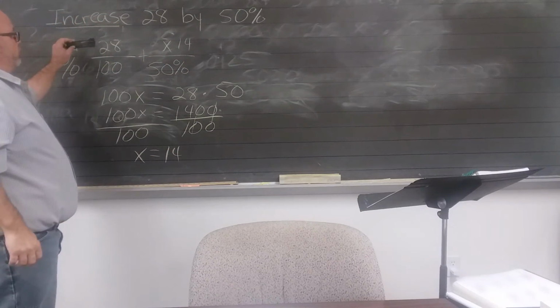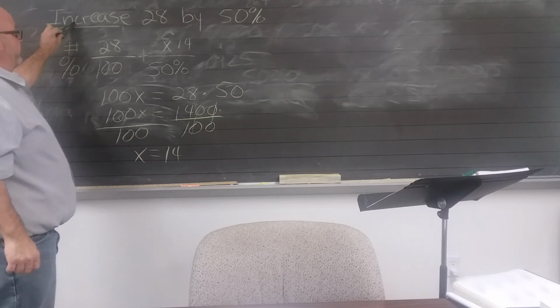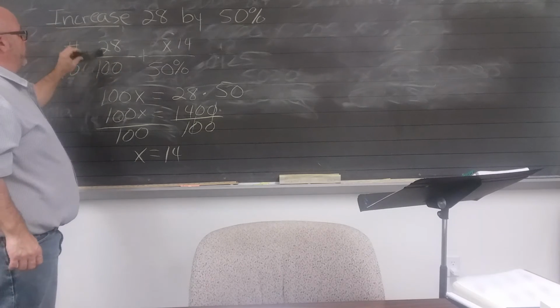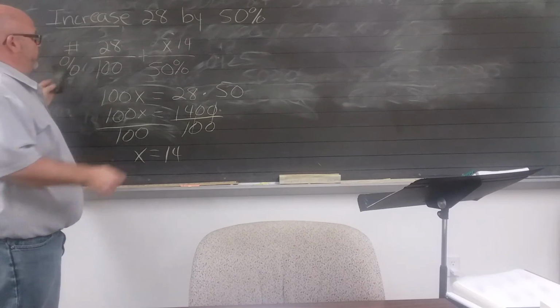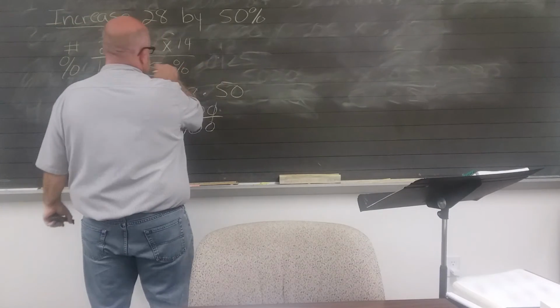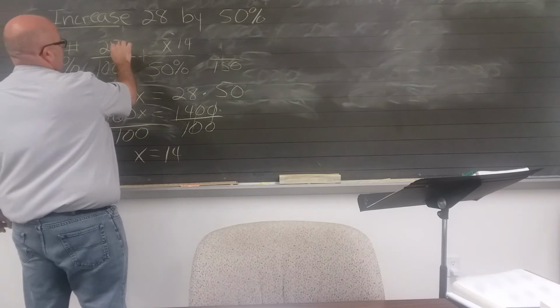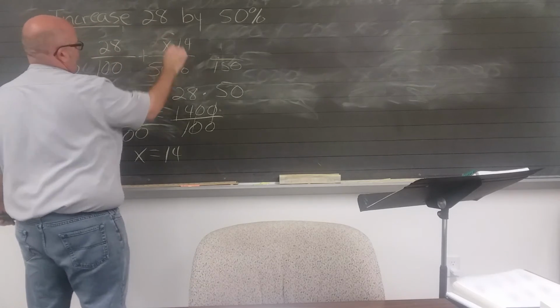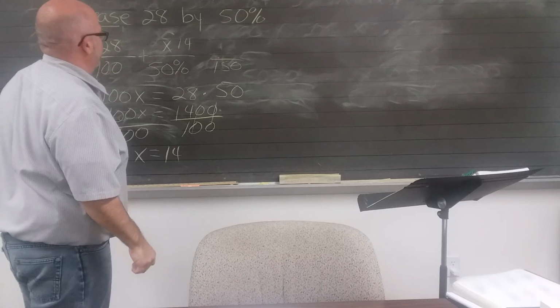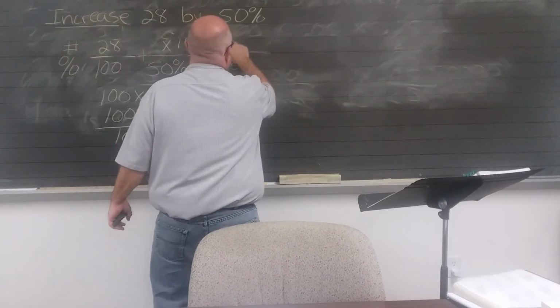And now what you need to do is add, increase. So you're adding. This would be 150%. And this is your actual answer. 28 plus 14 is your actual answer. That answer is 42.